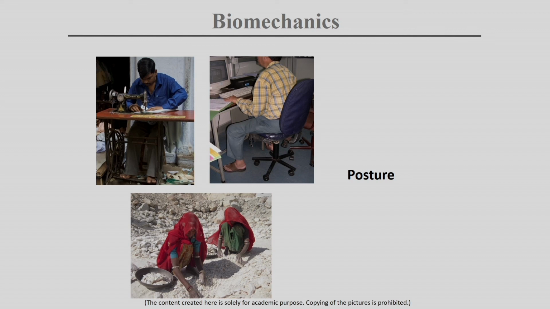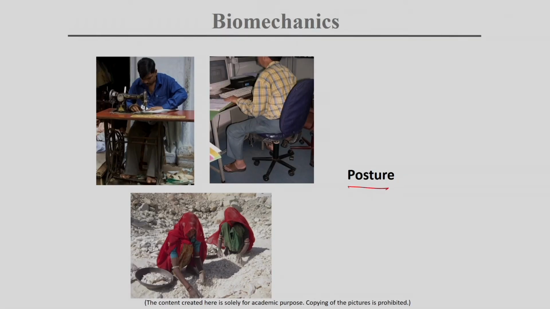So we change our posture and we go for a one minute break, two minute break, and again we come back. But it is very important what the posture will be. Posture can be like this, like this, and like this also. Posture will be very much dependent on the work or the product you are using, and how you are using it.